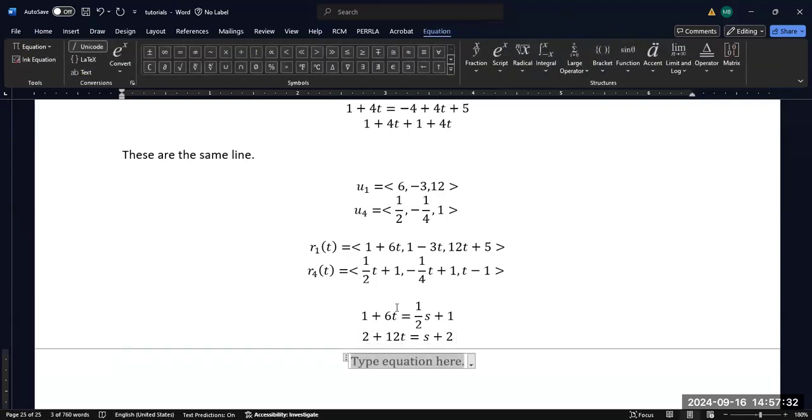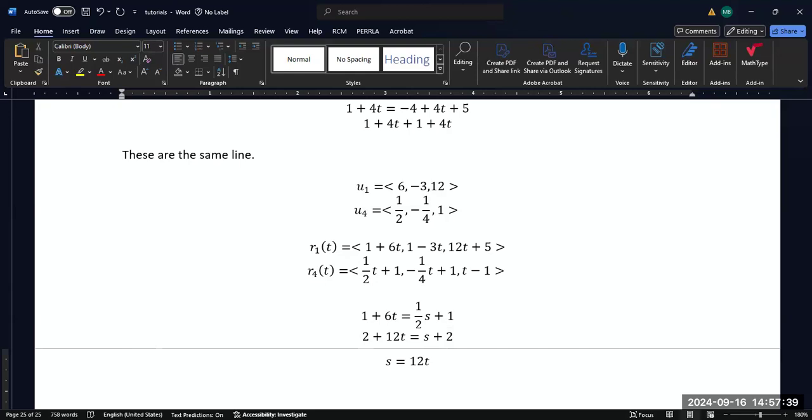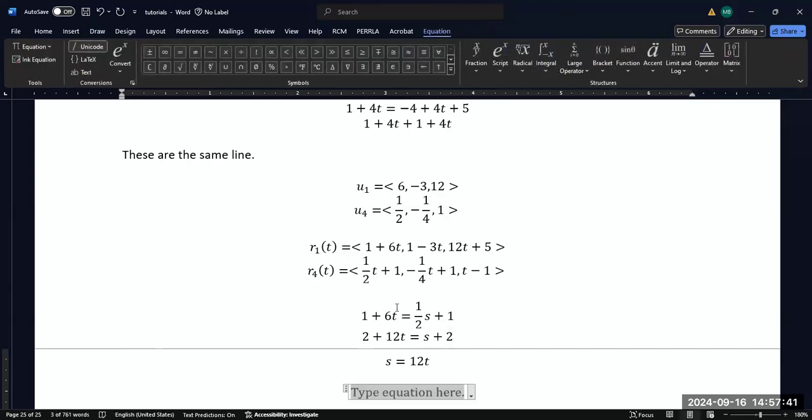And then I'm going to solve for s. I'm going to get s is equal to 12t. All right, so we try this again. 1 minus 3t is equal to negative 1/4 t plus 1.